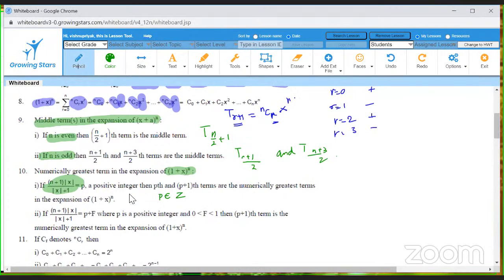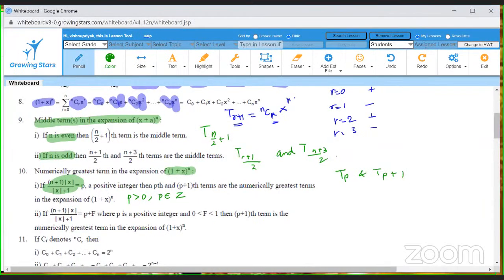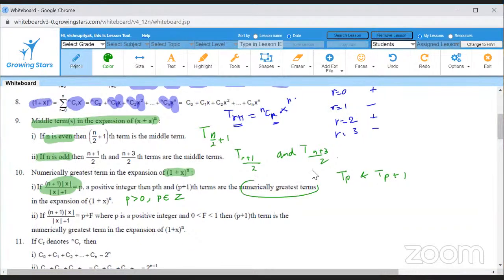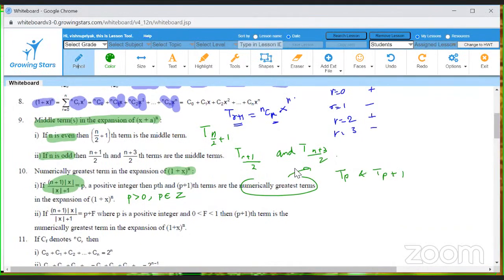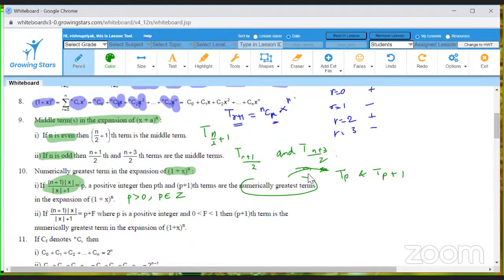Then the Pth term and the (P+1)th term are the numerically greatest terms.